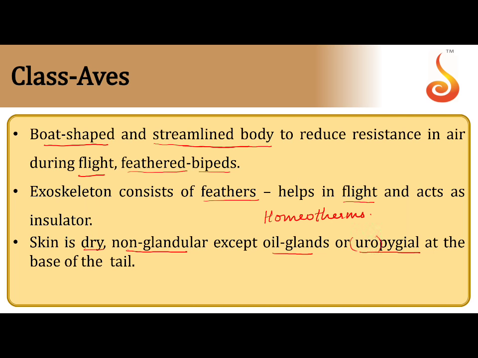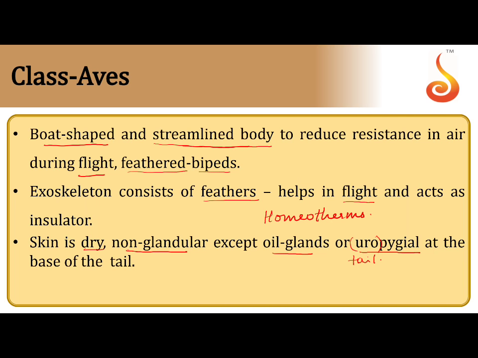Uro means tail. Near the tail, the pygial gland is there. You would have seen whenever a bird is sitting on a branch or anywhere and resting, it keeps poking its beak near the back.